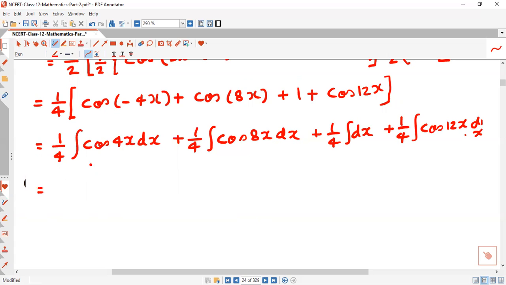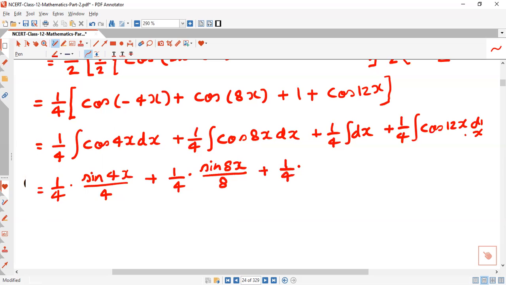So we solve this one. You are getting 1 by 4, and integration of cos 4x means sine 4x upon 4, plus 1 by 4 into sine 8x upon 8, since the coefficient of x is 8, plus 1 by 4 x plus 1 by 4 into sine 12x upon 12, plus some constant c.